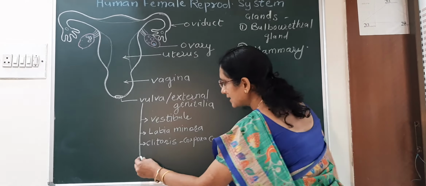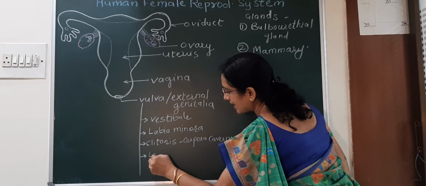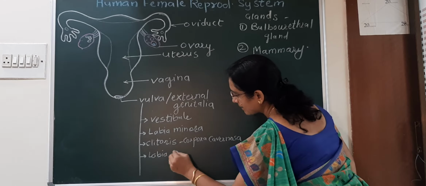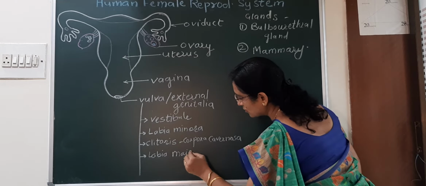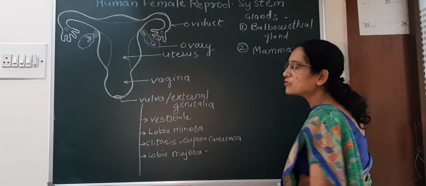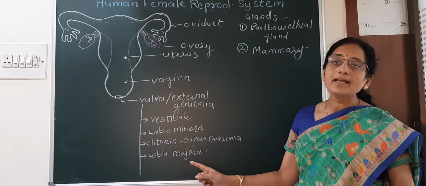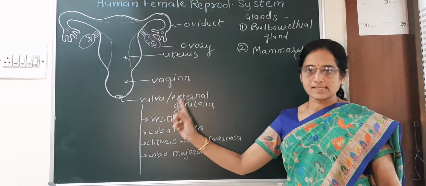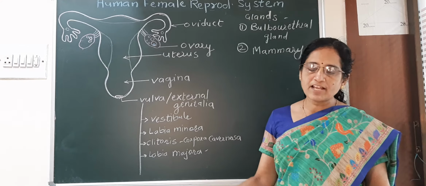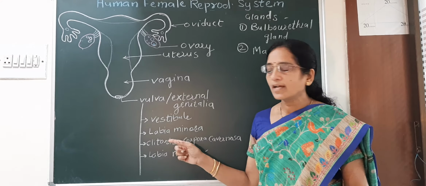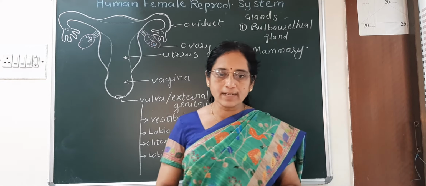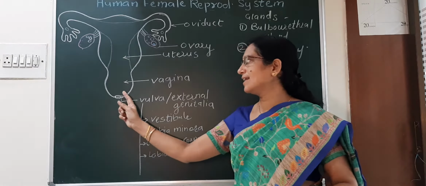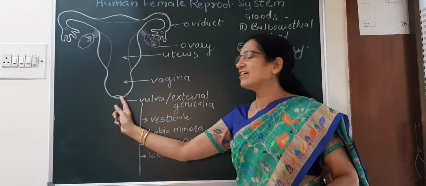Now, another part is the labia majora. Minora and majora are two skin folds. Labia majora is the outer thick, muscular, fleshy skin fold and it covers all the organs. It also encircles the vaginal opening.